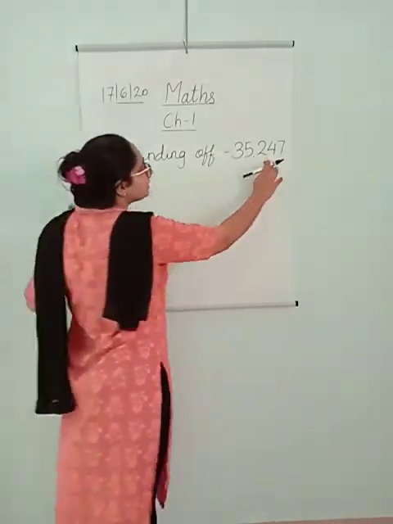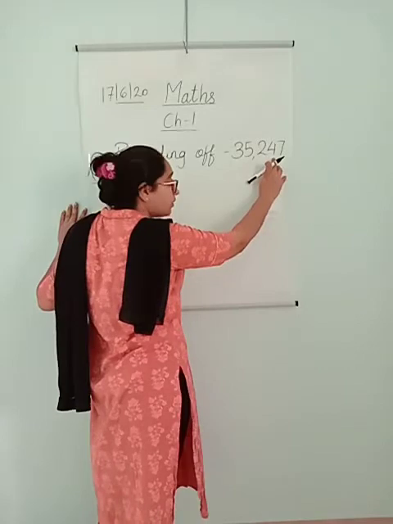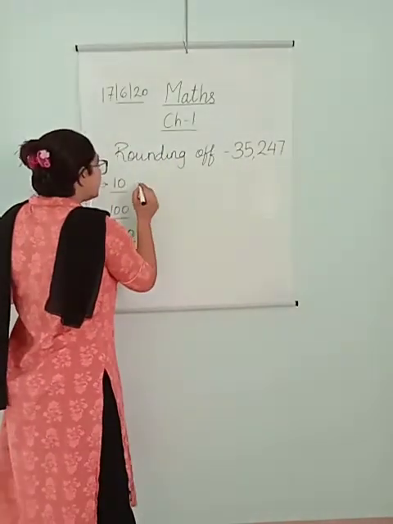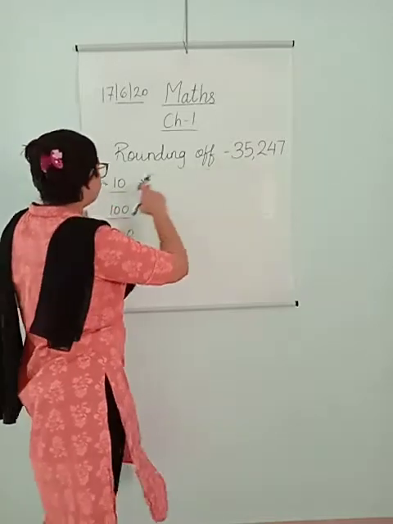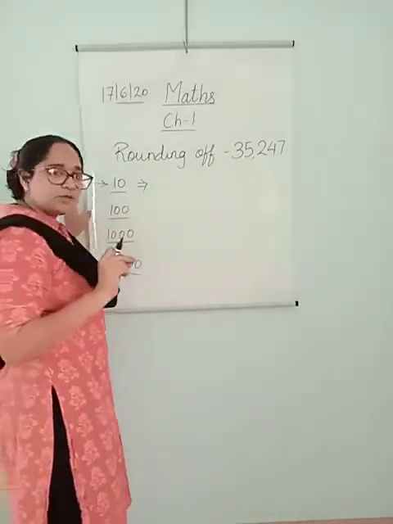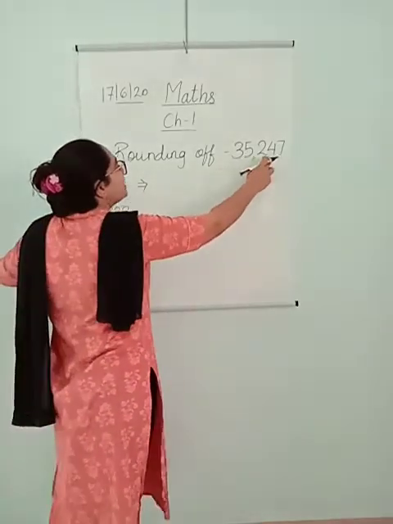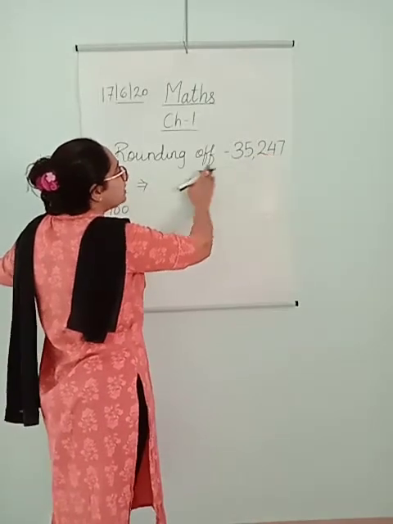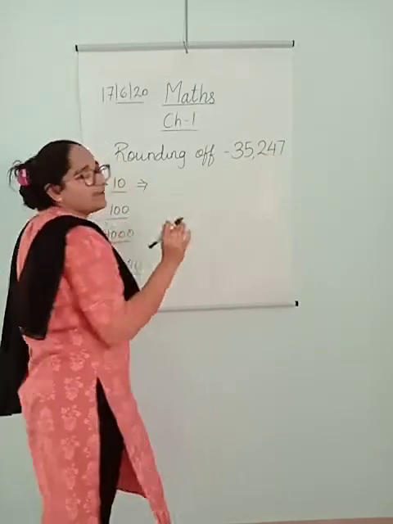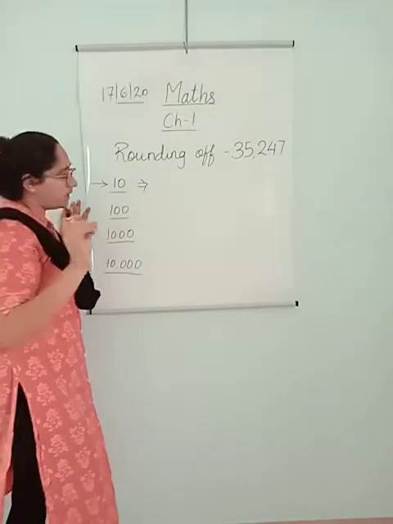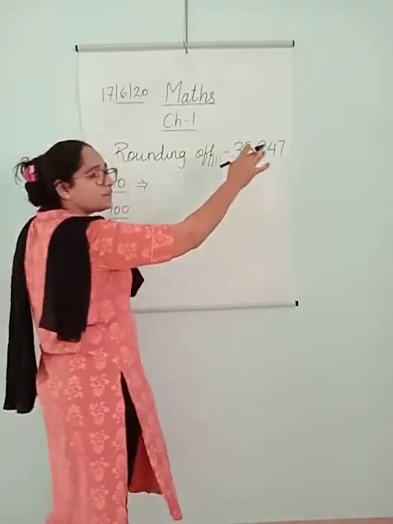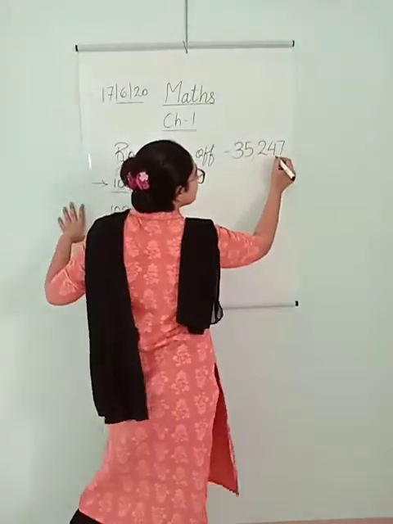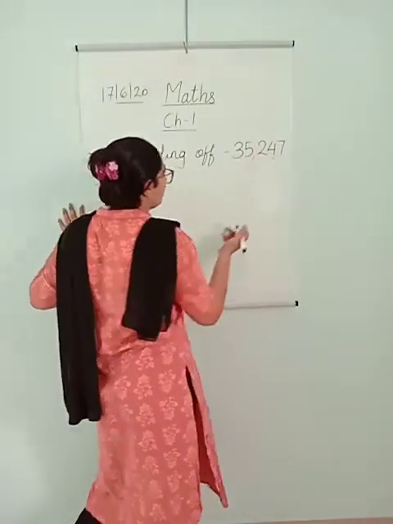Whenever you want to do this, this is your number, and I told you to round it off to the tens place. So at the tens place, whatever number is there, that only will get changed. After that number, this is your rounding off place.